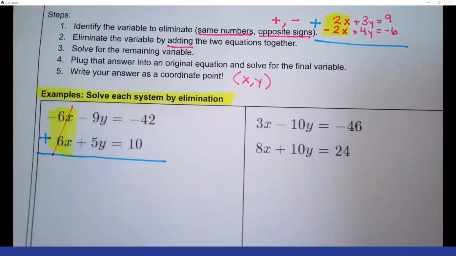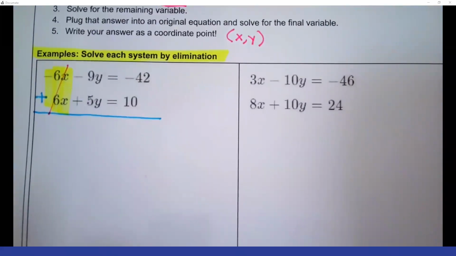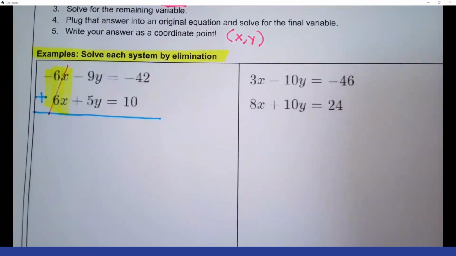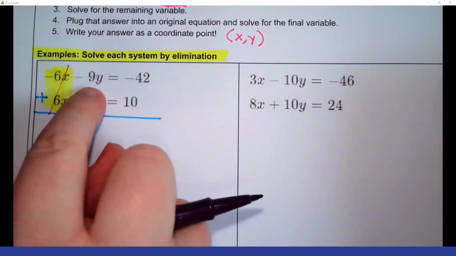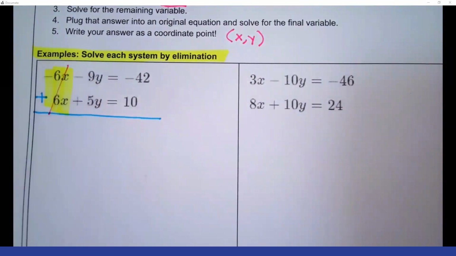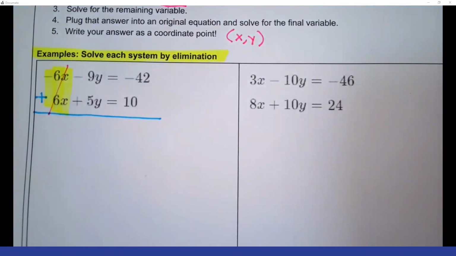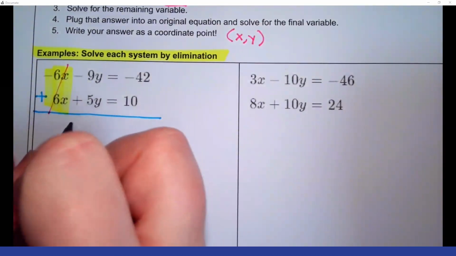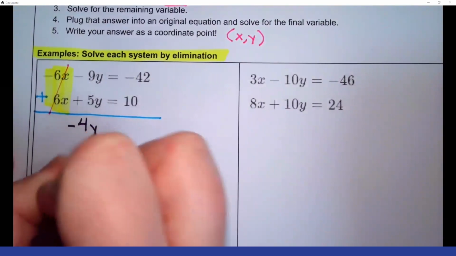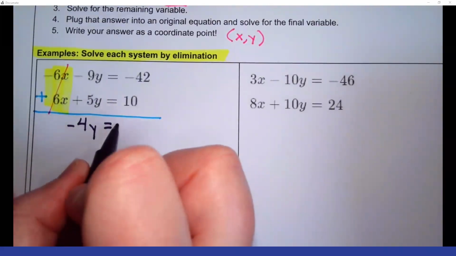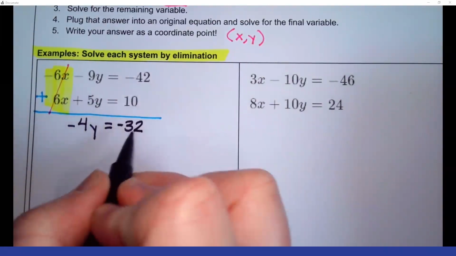So we do not have to write 0. But now for this guy, there's still a negative attached to this 9. So we have negative 9y plus 5y. So negative 9 plus 5 is negative 4y. And then negative 42 plus 10 is negative 32.